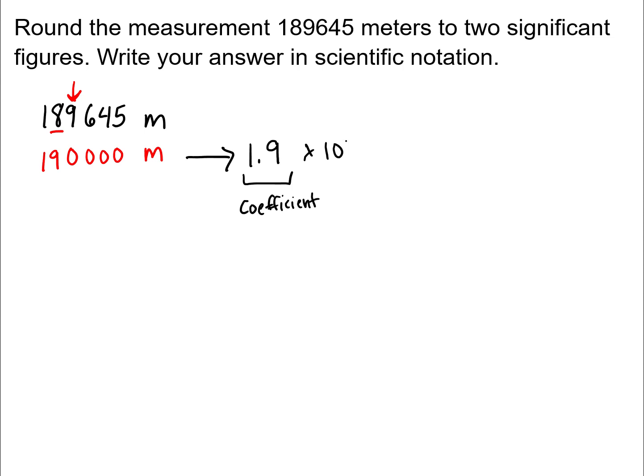For your power of 10, you have to say, okay, I put my decimal point here. How many spaces did I have to move the decimal to get it there? And that's 1, 2, 3, 4, 5.